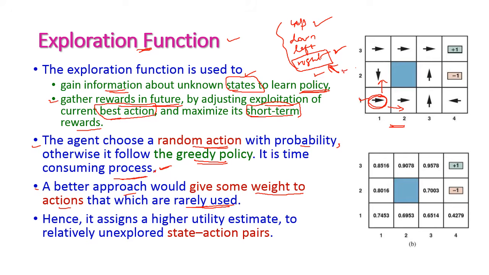It may have plus 5 points and move up may give plus 2 points. So the rarely used action may get the highest priority, and it assigns a higher utility estimate to relatively unexplored state-action pairs. In this way the agent uses this exploration function for mapping this state-action pair.